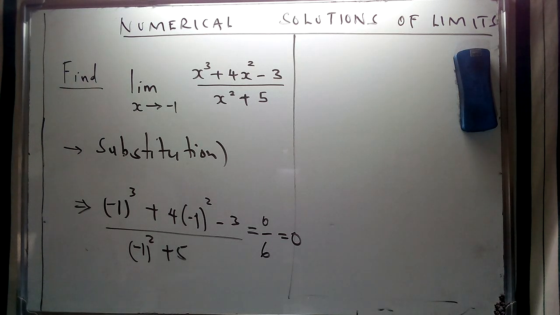Of course, this is one of the applications of the quotient rule, which we had said that the limit of a quotient of two functions is the quotient of their limits, provided that the denominator is not equivalent to 0.